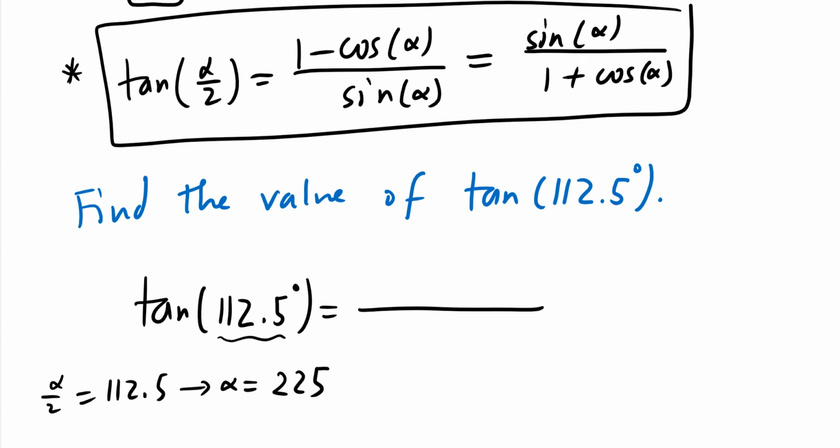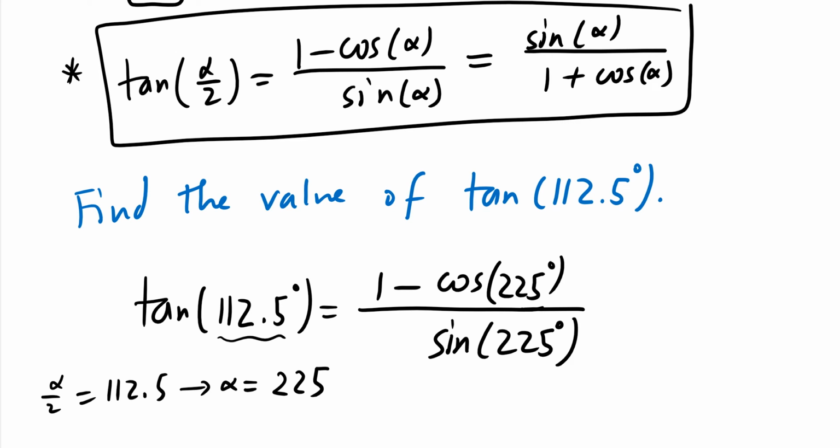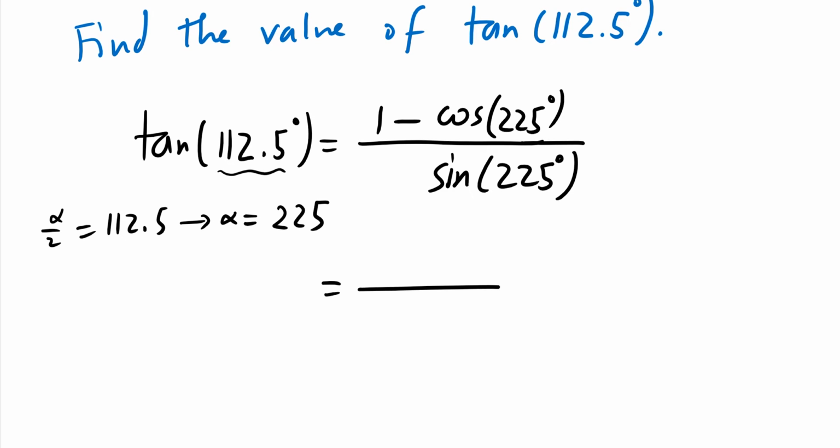So let's say I'm using the first formula, 1 minus cosine, alpha is 225 degrees, over sine 225 degrees. So what's cosine 225? Let's say we forgot how to do it.